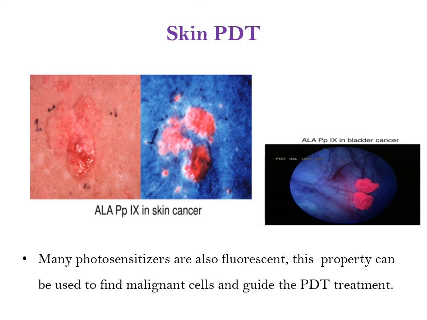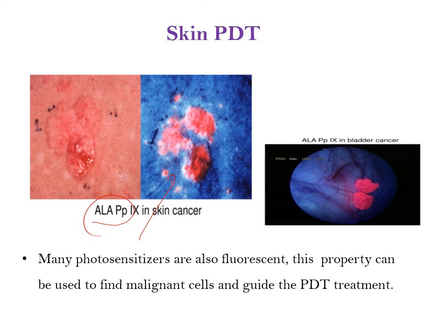Some photosynthesizers are also fluorescent. That means by application of light, they can emit another light. In such cases, they can be used to find malignant cells and guide the photodynamic therapy. As you can see, this photosynthesizer is fluorescent by application of light.